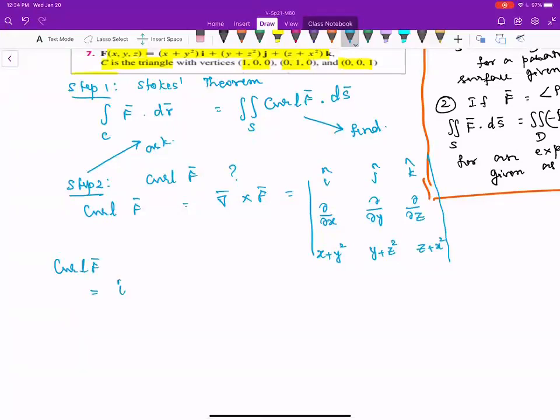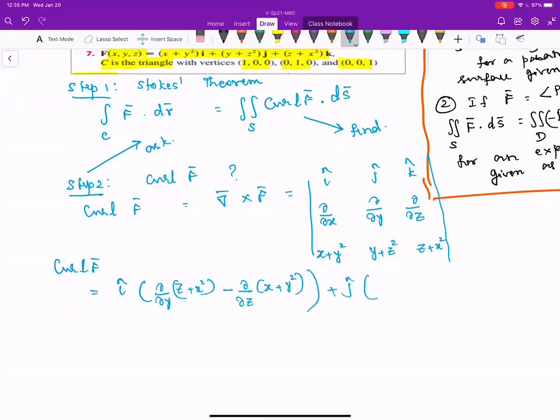So it is i times ∂/∂y of (z + x²) minus ∂/∂z of (x + y²). Both seem 0.